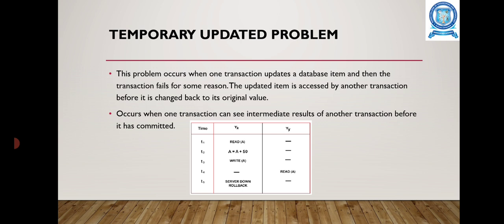At time T5, transaction Tx rolls back due to a server problem and the value changes back to 300, but the value of A remains 350 for transaction Ty, which is a dirty read, and therefore known as the dirty read problem. That is, the temporary update problem is otherwise known as the dirty read problem.